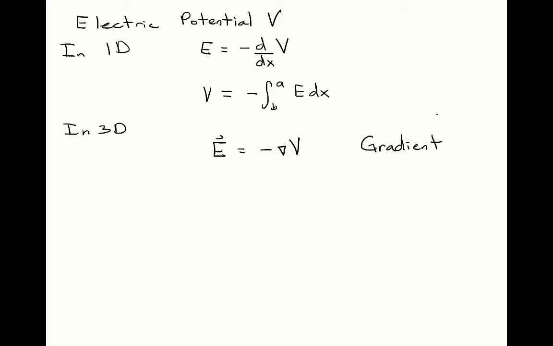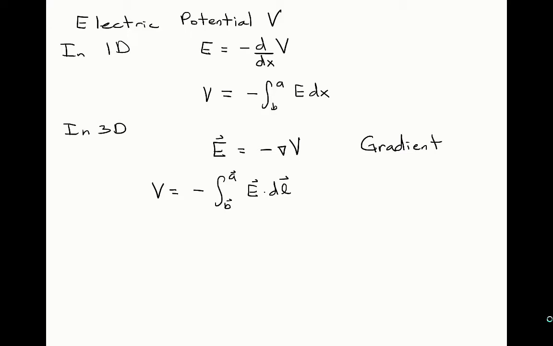But we're not going to be working in that direction very much. We're more often going to be calculating the potential from the electric field in this section of the class. So we're going to have a line integral. If you do a line integral of the electric field, that gives you the potential.